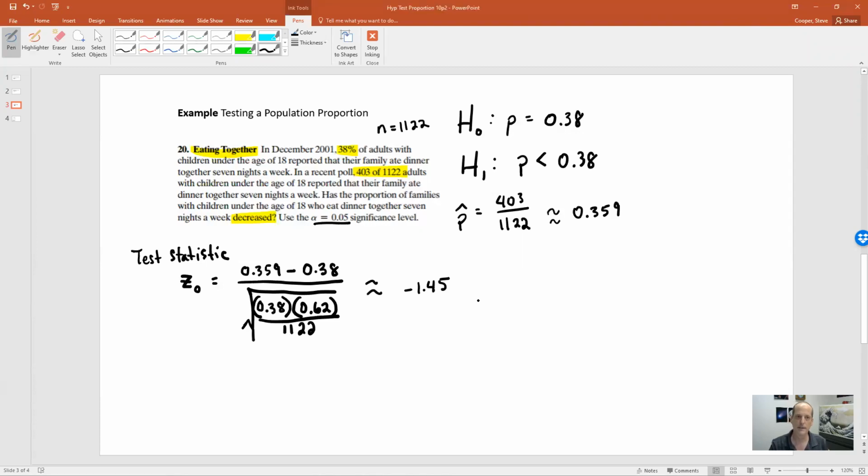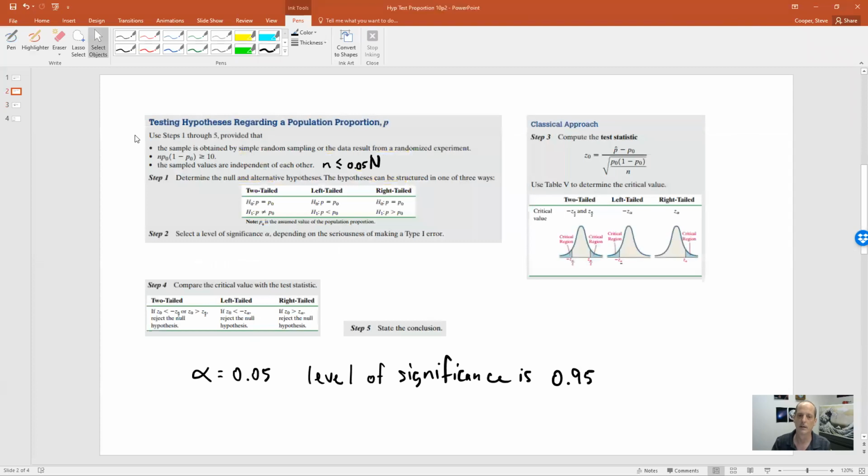Okay, now going back to what kind of test are we doing? Well, this is a left-tailed test. So I have to check if Z naught is less than negative Z sub alpha.